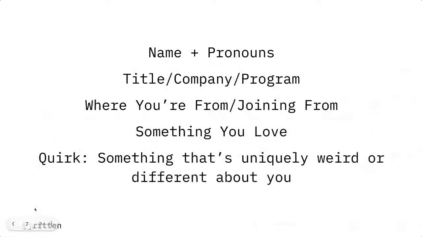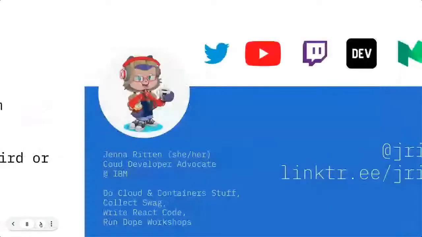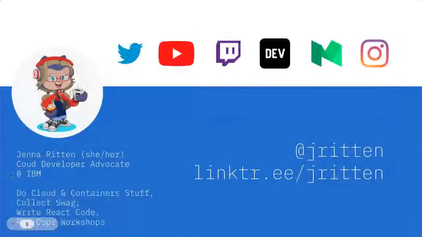So if you haven't already, feel free to share in the chat your name and pronouns, what title company you work for, maybe what program you're currently enrolled in, where you're from or joining from, something you love, and maybe a quirk, something that's uniquely weird or different about you. So I'll go first. For example, my name is Jenna Ritten. My pronouns are she, her. I am a cloud developer advocate at IBM.